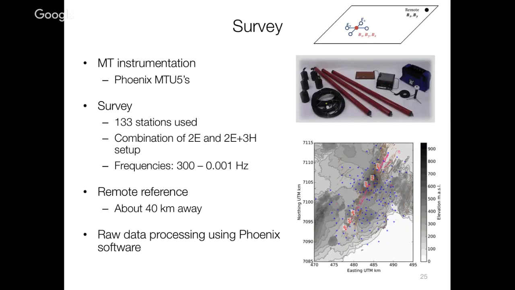So the survey was done by Phoenix, MT instrumentation. Here's the coils for magnetics, and here's the pots for measuring the electric fields. There's 133 stations, frequencies 300 to 1/1000th of a hertz, and there was a remote reference about 40 kilometers away.